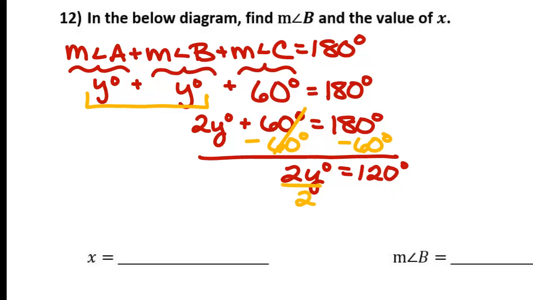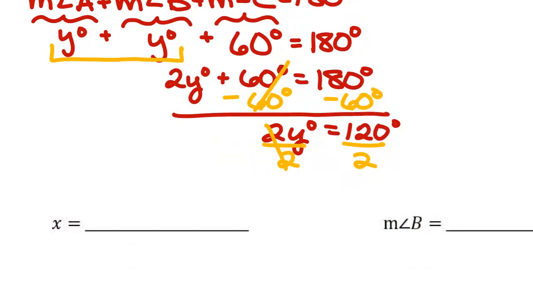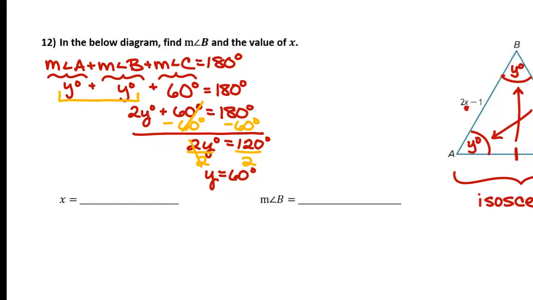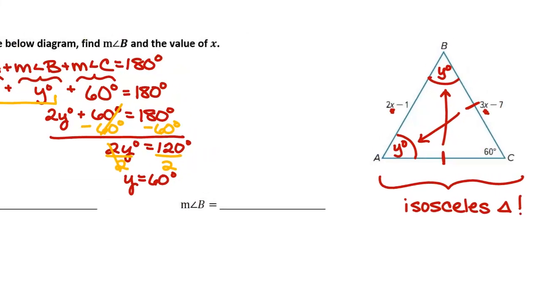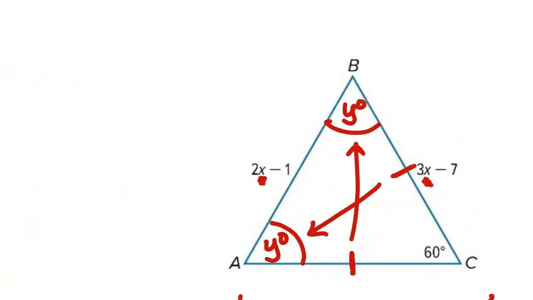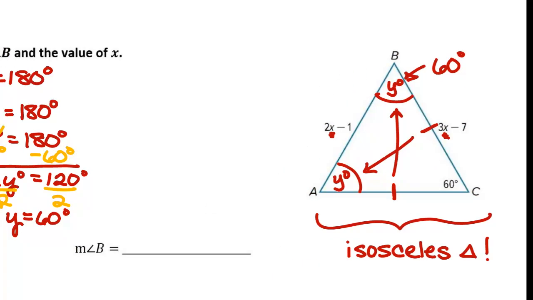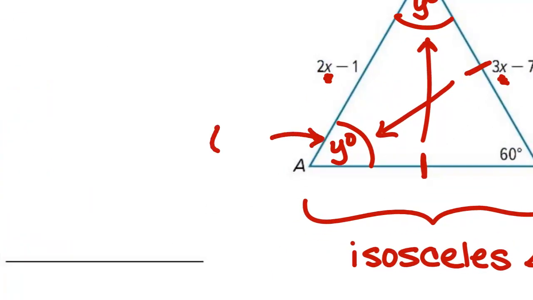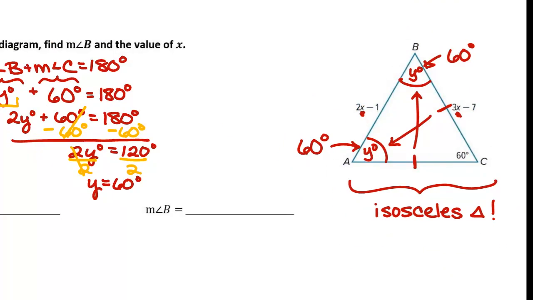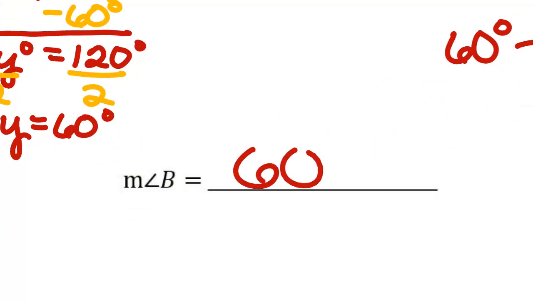And then we divide both sides by 2. We get that y is 60. So that means that angles A and B are 60 degrees. So angle B is 60 degrees.